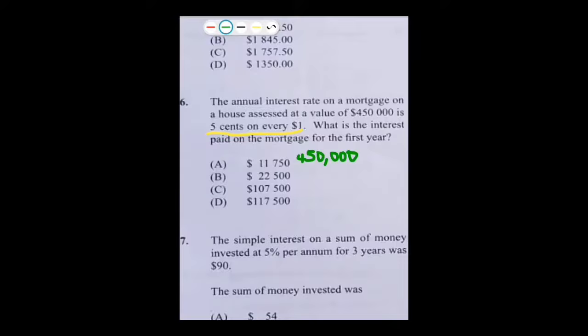And remember, when we're multiplying by 5 cents, it's going to be written as 0.05. Multiplying that across, we should have a value of $22,500, which gives our answer as B.